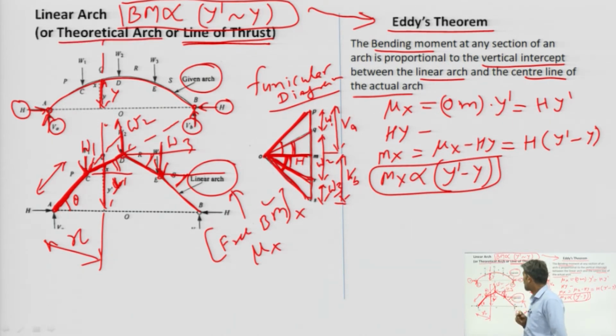Why is it a theoretical arch? Because we need to design this shape, but actually it is not possible from an architectural point of view. So, whatever the difference is, we have to provide the strength in the member for that.